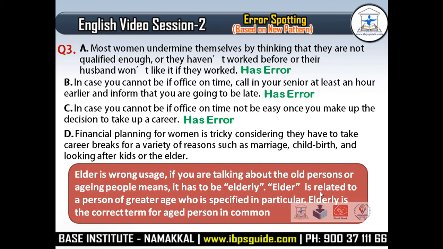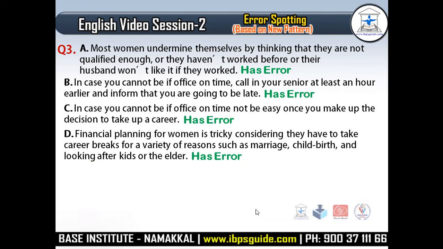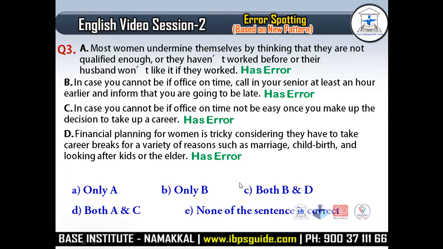Okay, elder is related to a person of greater age who is specified in particular. So elderly is the correct term for aged persons in common. So it has also error. So the correct option is E. None of the statements is correct in question 3.